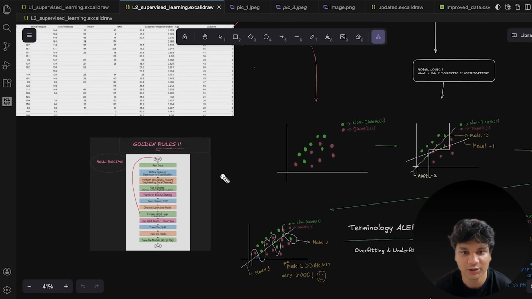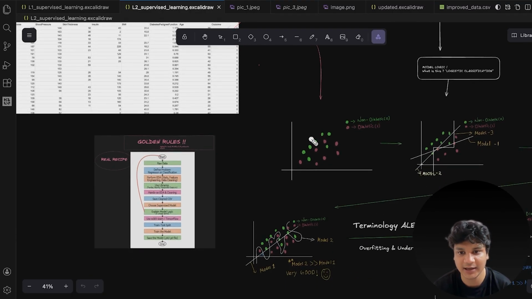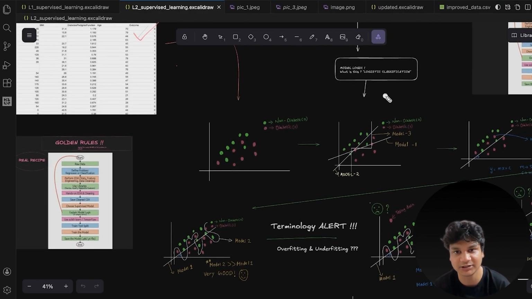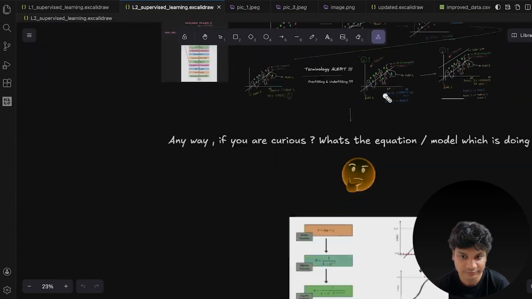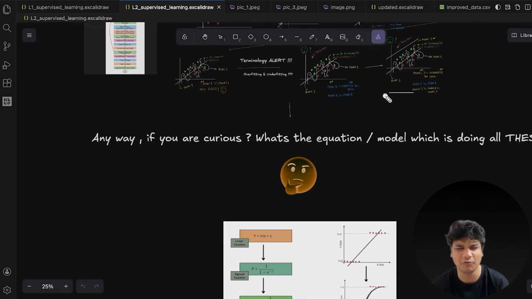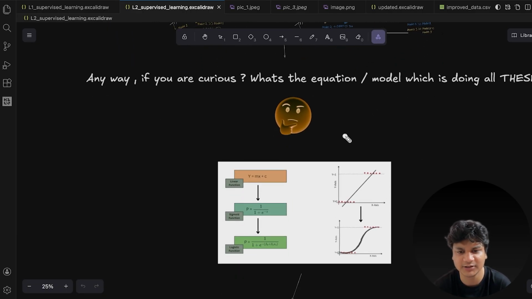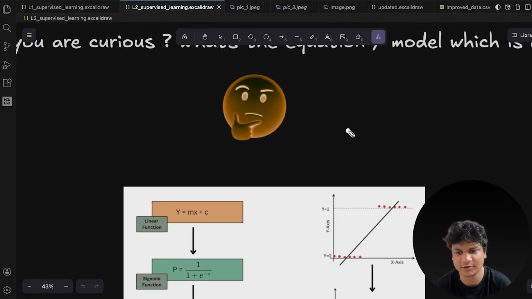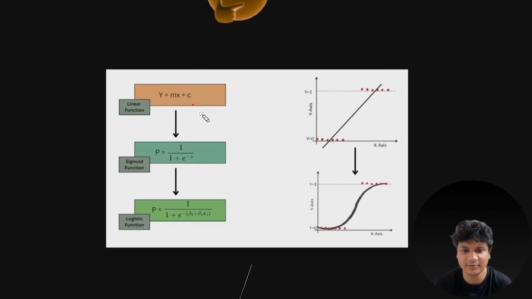Agree? So again, this is our data, and we have understood the logistic classification logic, right? If you are wondering what all these equations are doing, it's not magic. You can just understand this equation. There is a line, and we put this line equation into something like this.